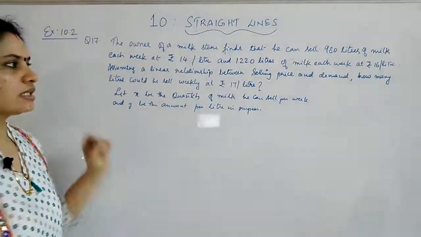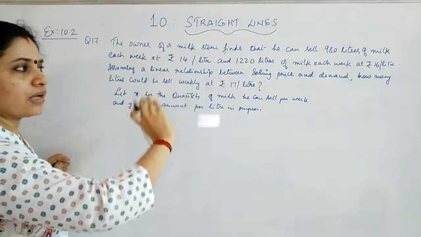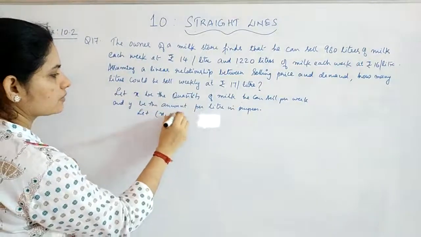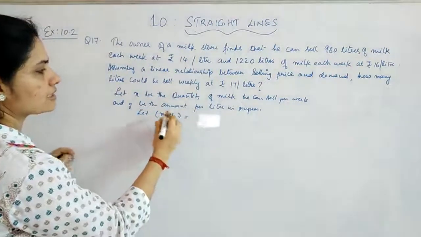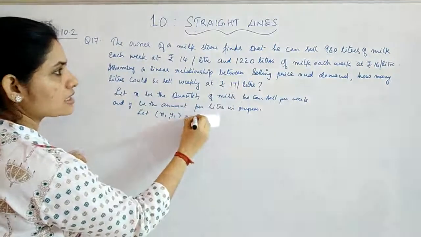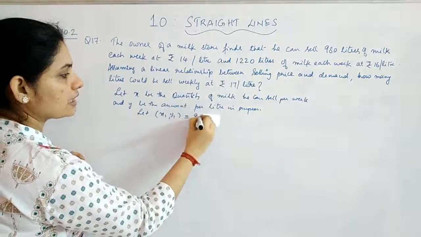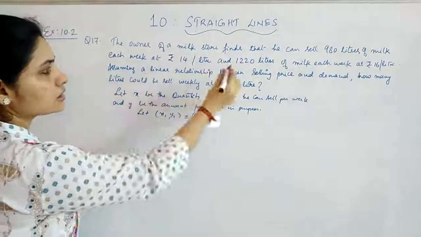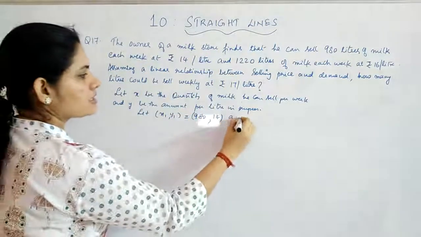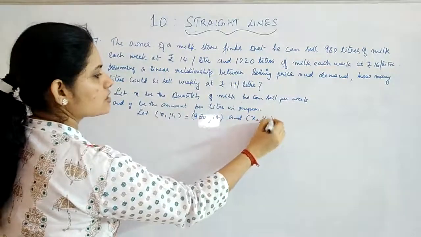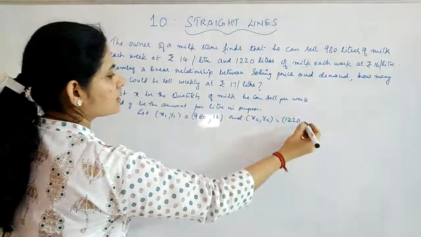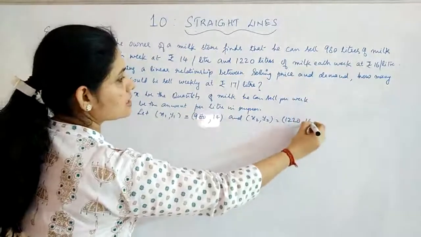Now you can just see that you have again x1 y1 and x2 y2. So what is x1 y1? What you have taken as x, accordingly you have to take your x1. So x1 is 980, y1 is corresponding rate per liter, 14, and x2 y2 is 1220 and 16.